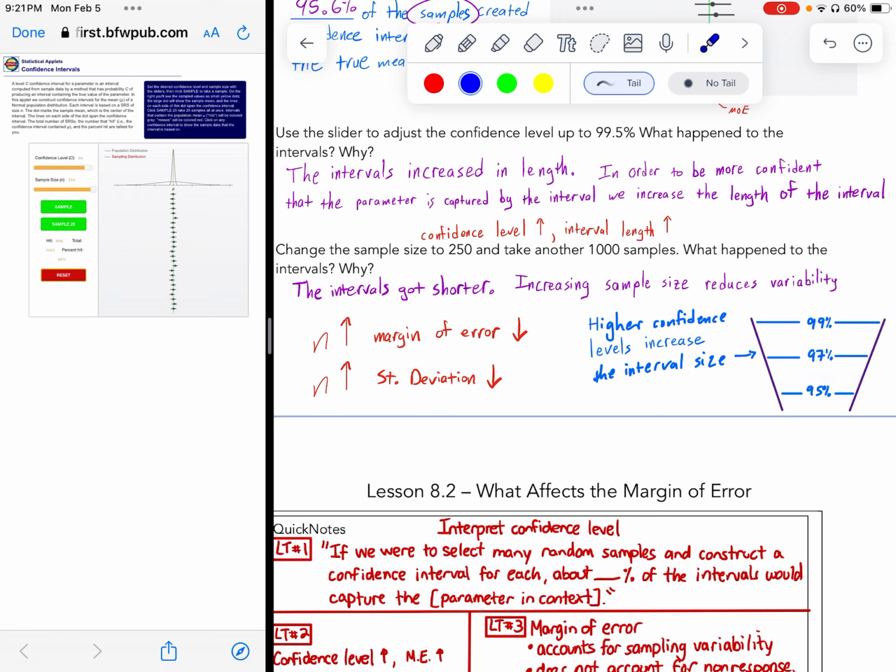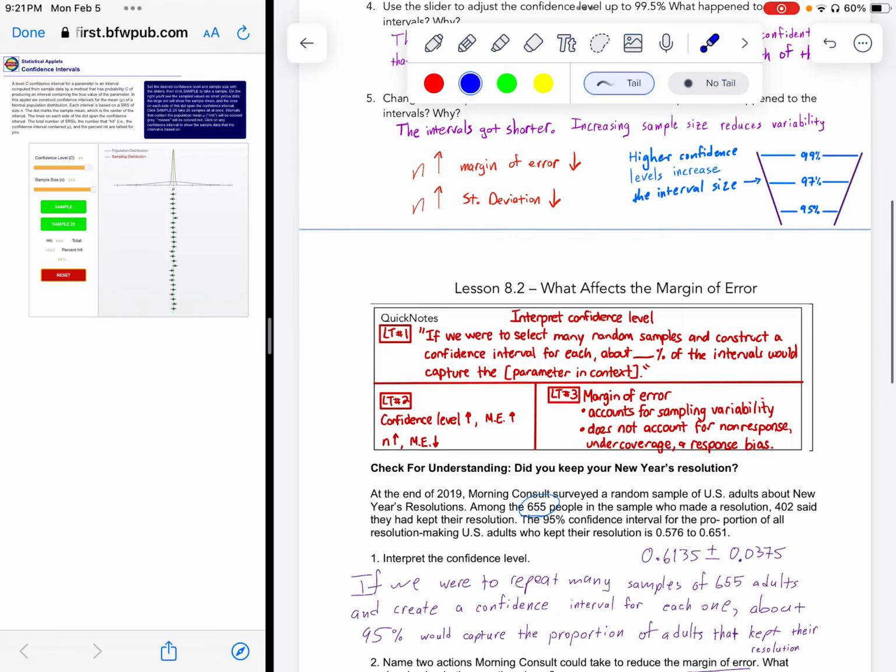Because if you are more confident that the interval captures the truth, you will make it longer. And if you're less confident, then you can make that interval shorter.